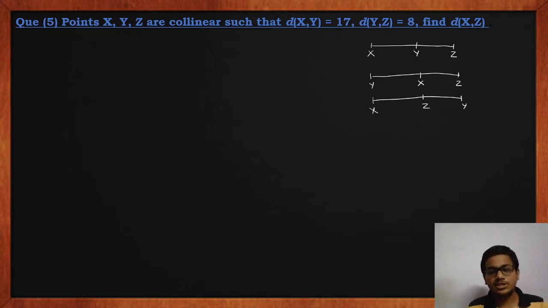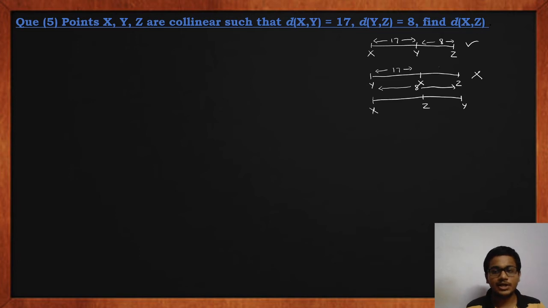Now put the values and check. Distance XY is 17, YZ is 8. So this possibility can happen. Distance XY is 17, that is this small part is 17. And distance YZ is 8, meaning this entire big segment is 8. Now this cannot be possible. A smaller segment has a greater distance and a greater segment has a smaller distance, visually.